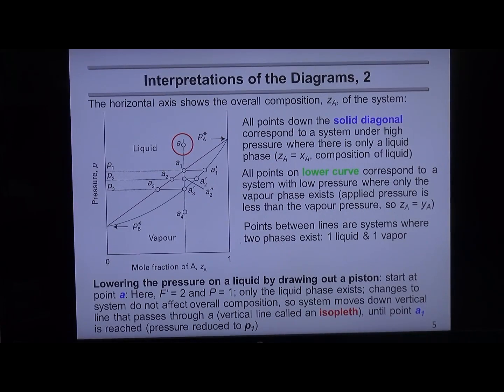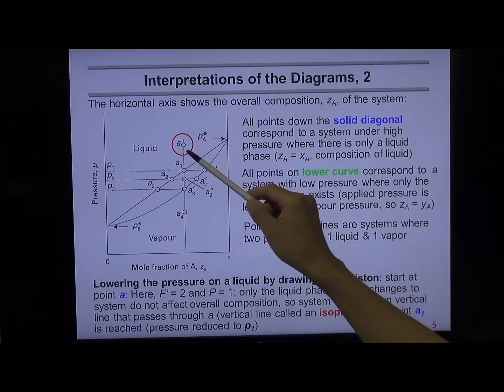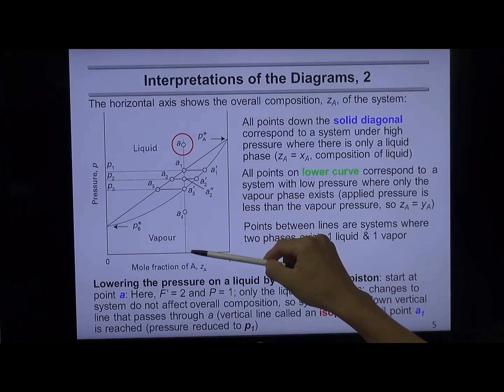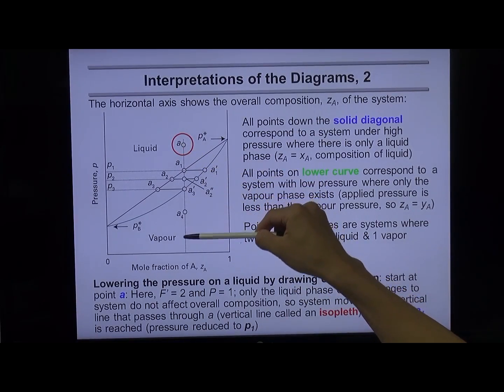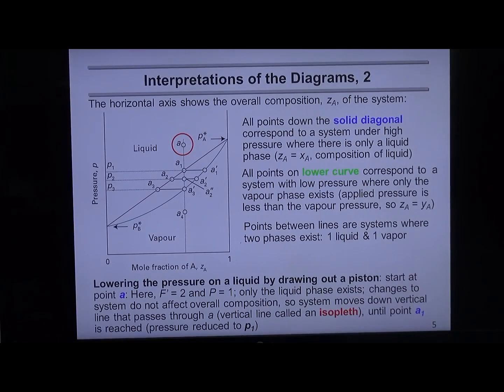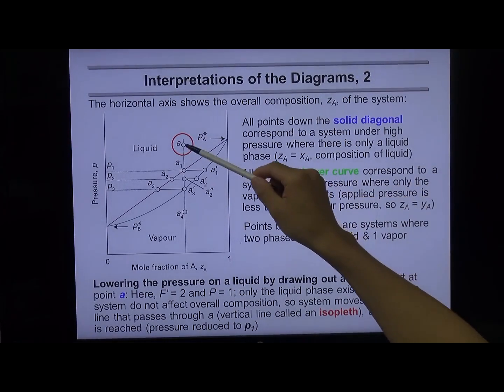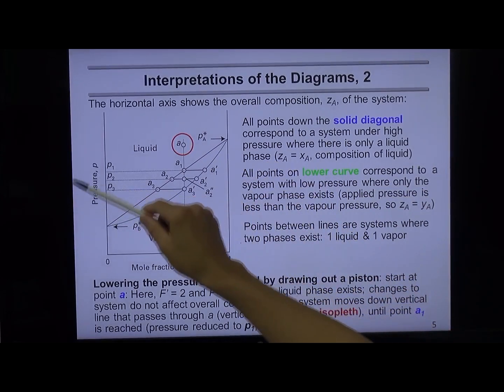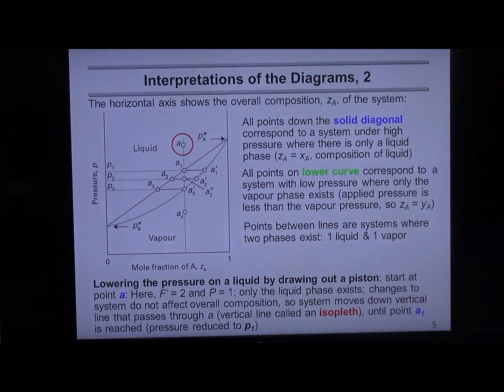All right. And let's see what would happen if we start from here, point A, and follow this vertical line from A to A4 here. A to A4 basically represents lowering the pressure, right? What if we lower the pressure over liquid?